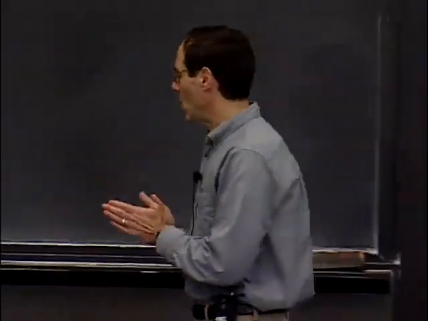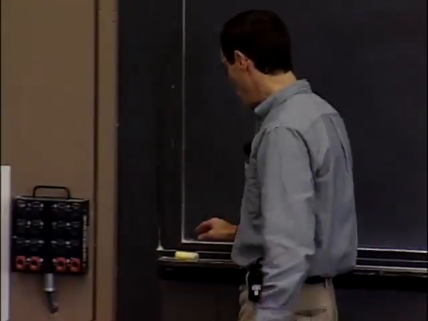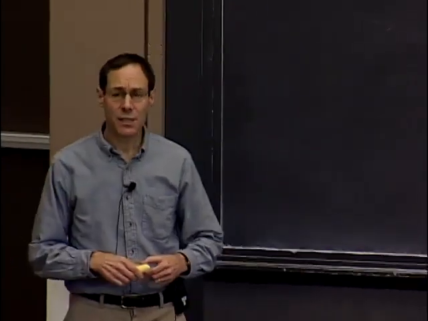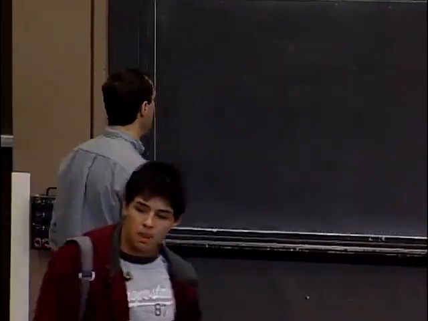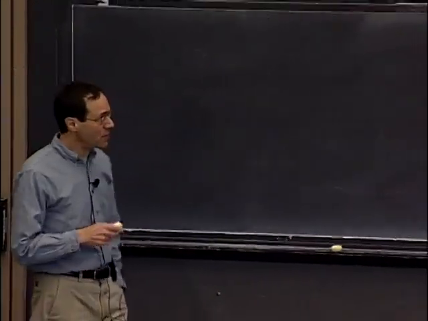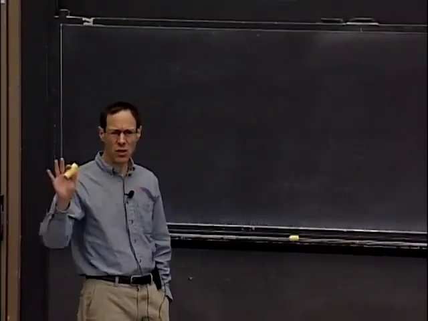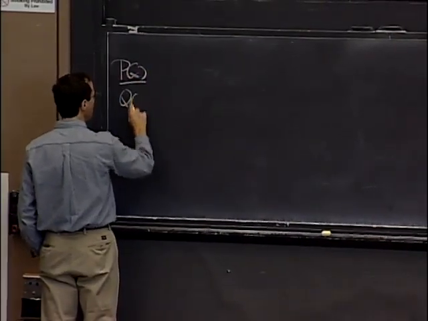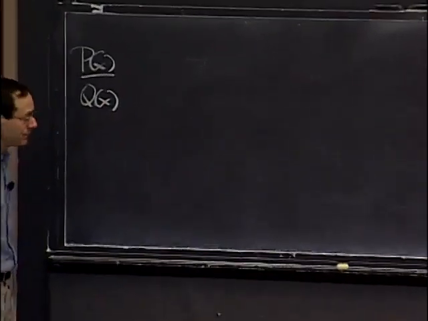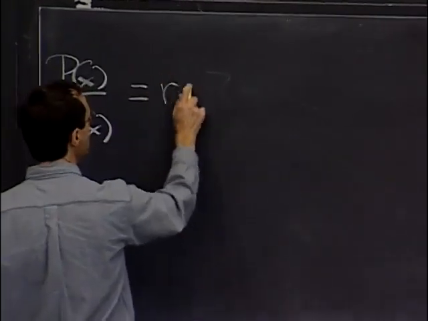Today, we're going to continue our discussion of methods of integration. The method that I'm going to describe today handles a whole class of functions of the following form. You take p of x divided by q of x, and this is known as a rational function.